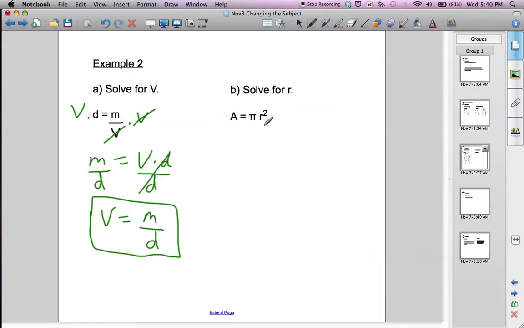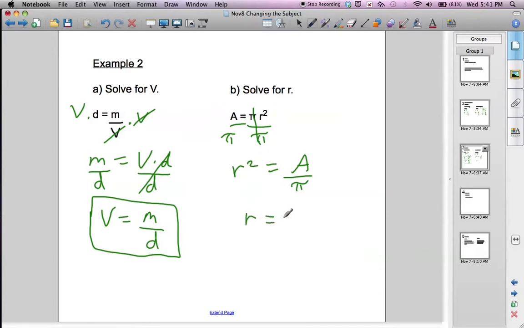Next equation, this is the area of a circle. And we're going to solve for radius. First of all we have pi here. I'm going to get rid of pi. We're going to divide both sides by pi. And that's going to give me r squared equals area divided by pi. The opposite of squaring is square root.